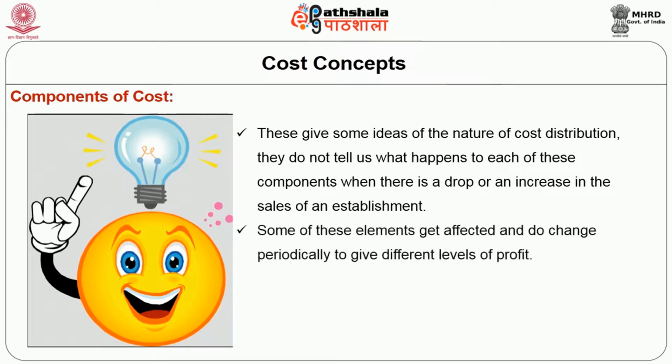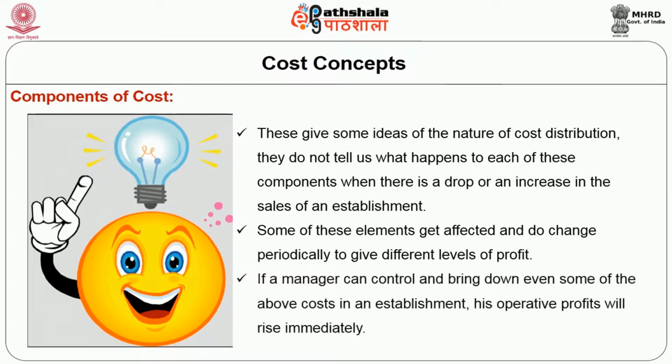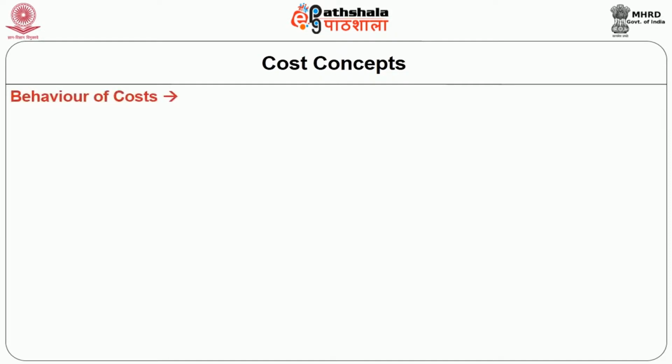Some of these elements get affected and do change periodically to give different levels of profit. If a manager can control and bring down even some of the above costs in an establishment, his operative profits will rise immediately. Now let us see about the behavior of cost.